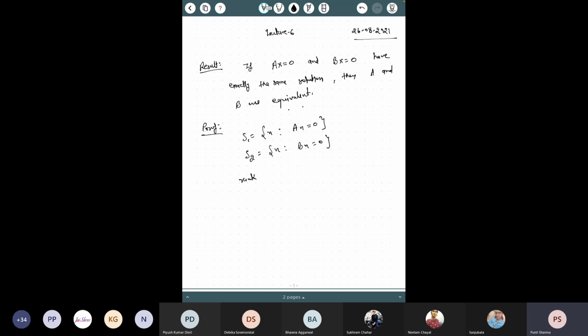Since we have S1 equal to S2 by the given condition, this implies that rank of A is equal to rank of B. This is from the given condition that they have the same solution. By using this fact, you can prove that A and B are equivalent.